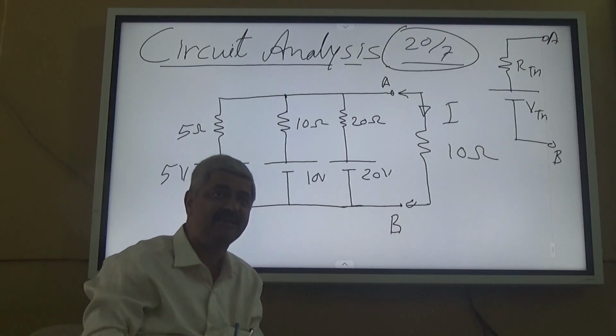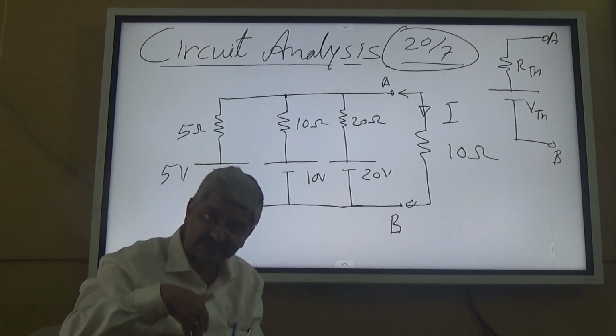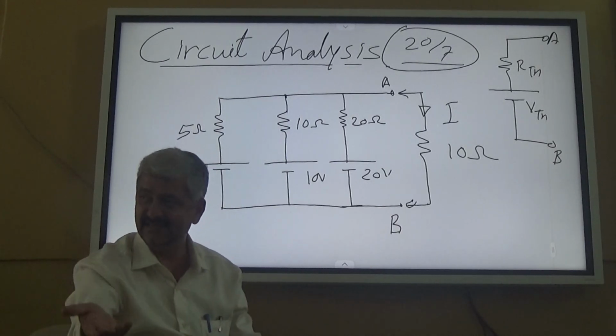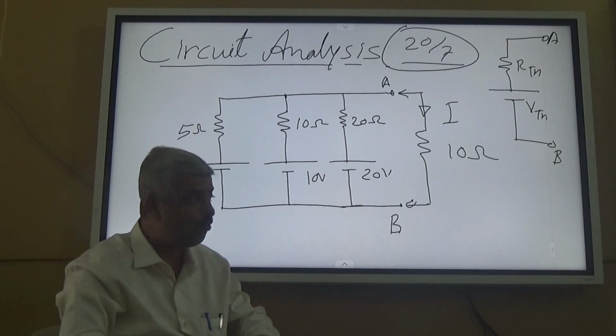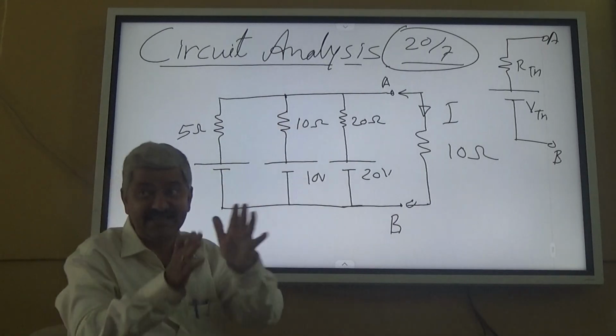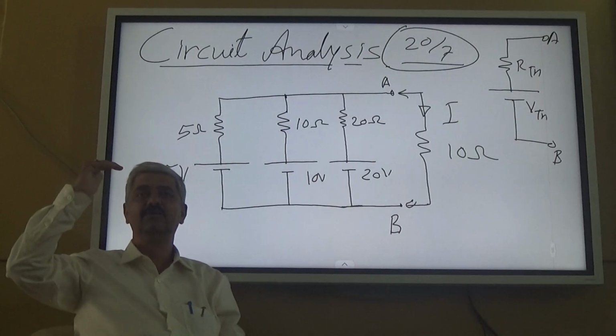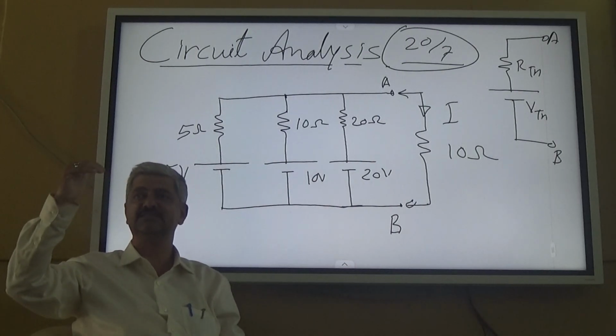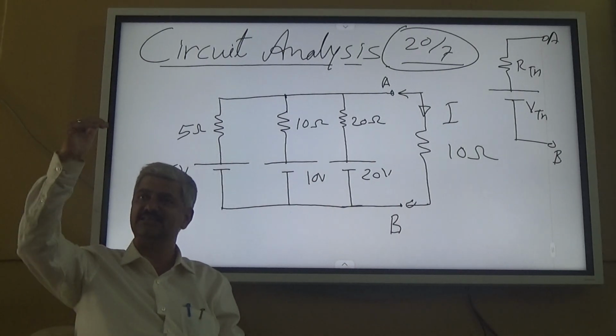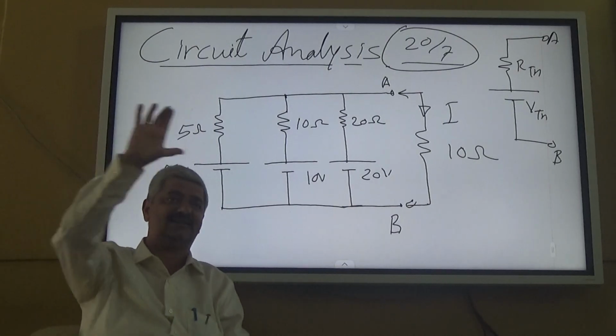So can there be a further simpler technique which will work only in such a situation? Not any circuit, but a circuit consisting of multiple voltage sources in series with resistances, which are in parallel.